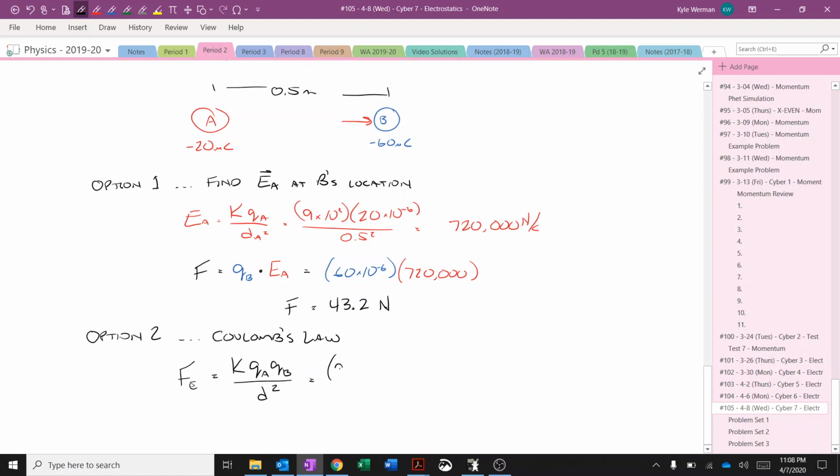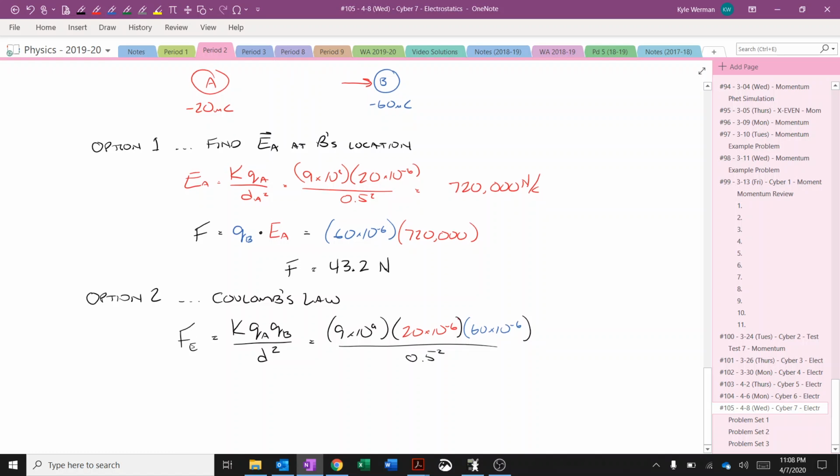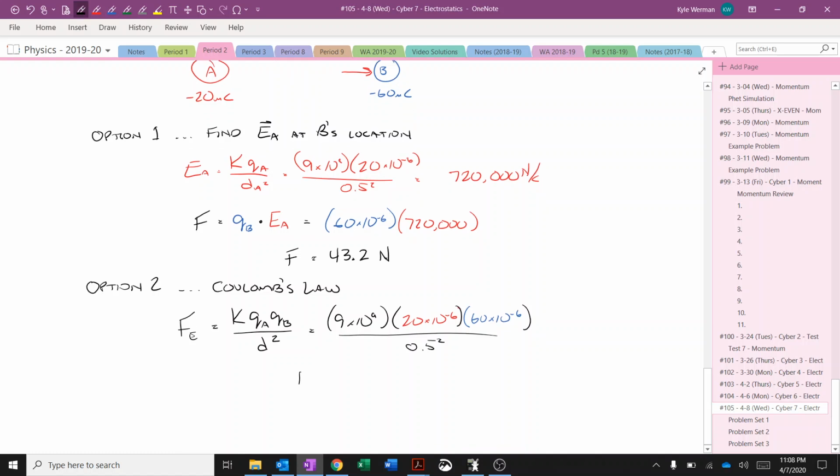And when you plug in, you got 9 times 10 to the 9. You have the charge of A, which is 20 times 10 to the negative 6. The charge of B, which is 60 times 10 to the negative 6, all over 0.5 squared.